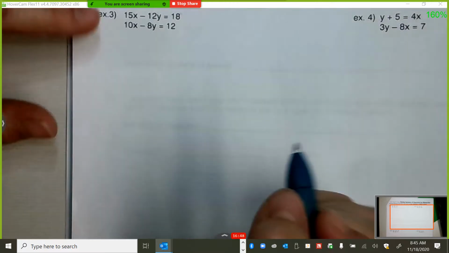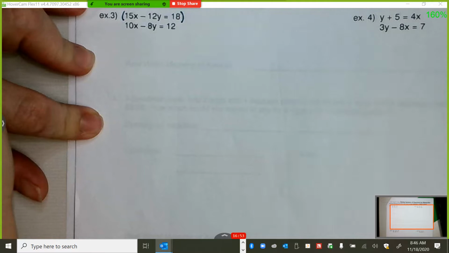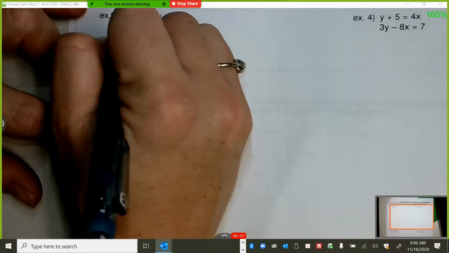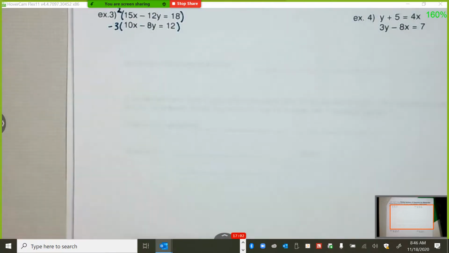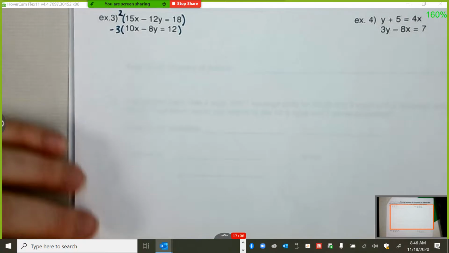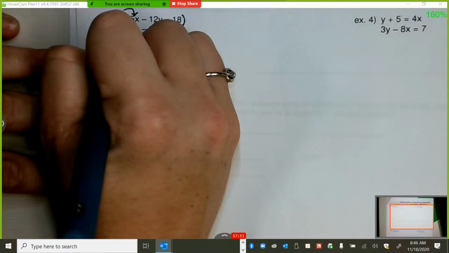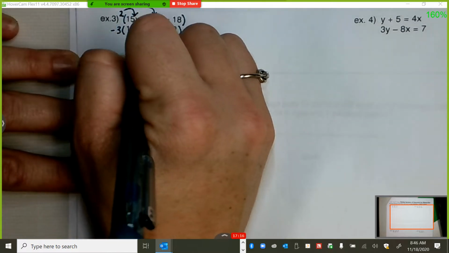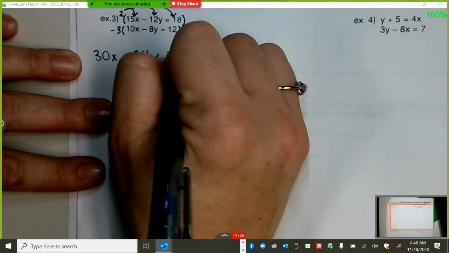Okay, what would I multiply the first equation by? And what am I going to multiply the second equation by? -3. Good job. Okay, so knowing that, 2 times 15x is 30x. 2 times -12y is -24y. 2 times 18 is 36.